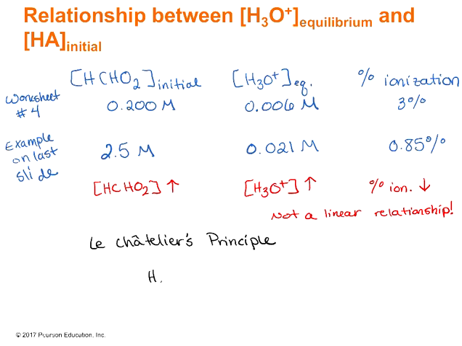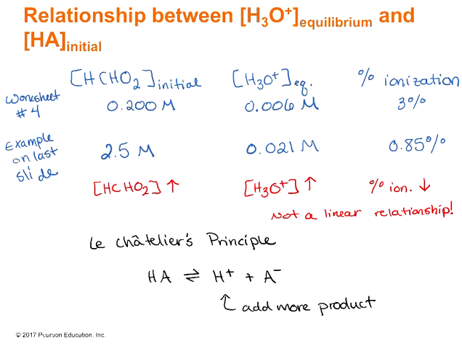So if we imagine just a generic acid ionizing into hydronium ions or hydrogen ions and its conjugate base, remember that if we add more product, that's essentially what we're doing here.